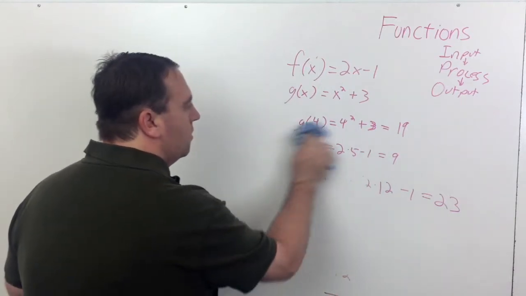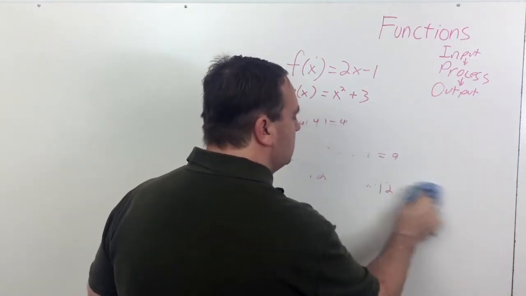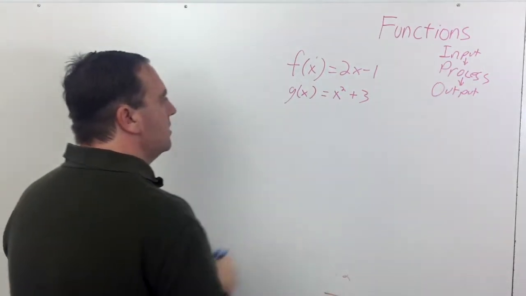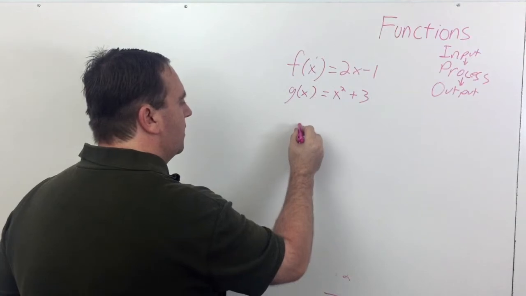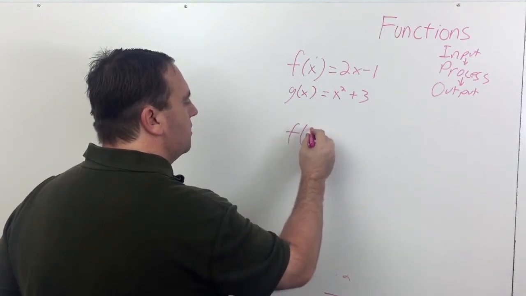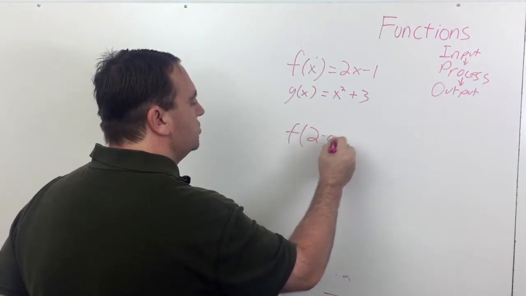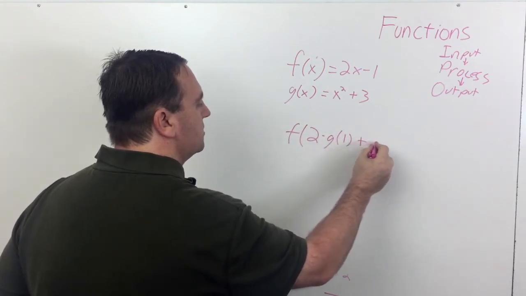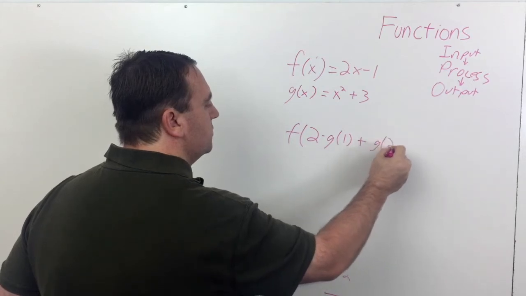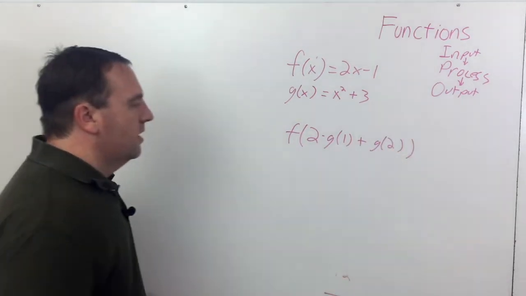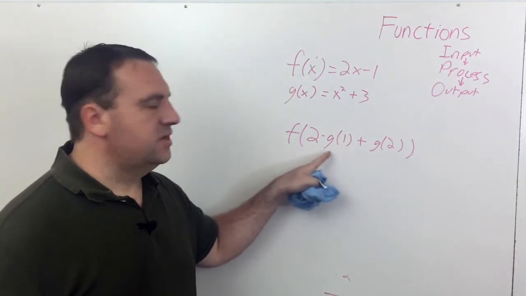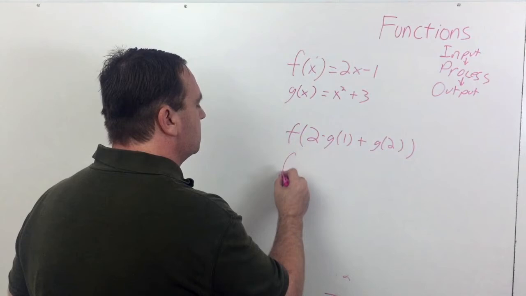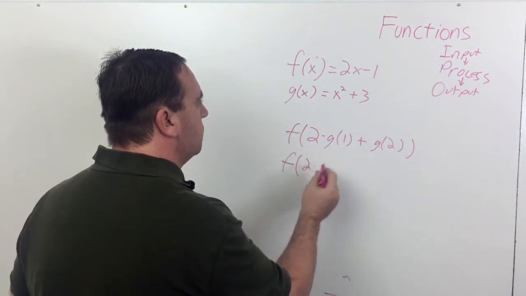We can ask things like, what is f of 2 times g of 1 plus g of 2? Okay, and so here we have our machine happening twice to two different numbers. So we have f of 2 times, and what is g of 1?